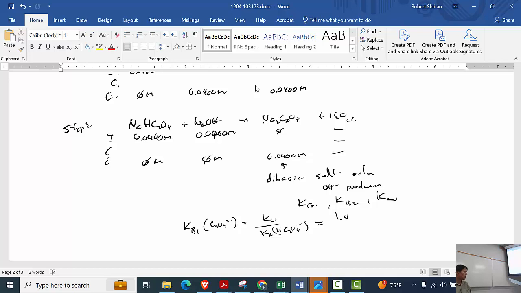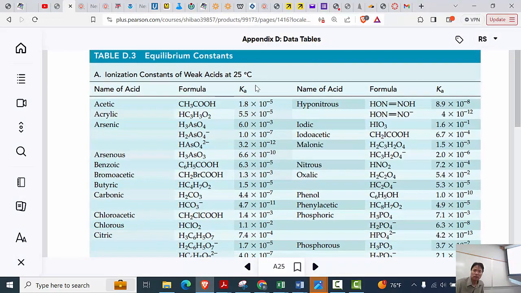So Kw is 1.0 times 10 to the minus 14, and then Ka for hydrogen oxalate is 5.3 times 10 to the minus 5.